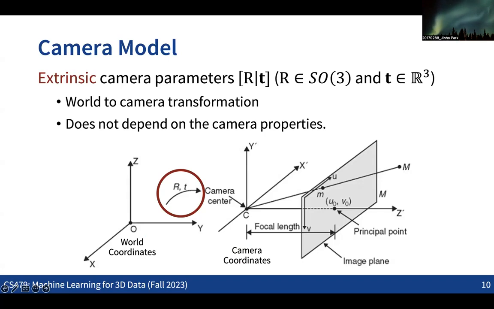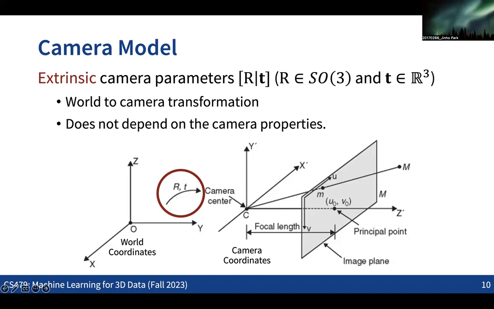We have the world frame and the camera frame, the eye frame in graphics. As we defined the model view matrix, the matrix that transforms from the world coordinates to the camera frames, we can define a transformation matrix composed of a 3D rotation and a translation, which transforms the world coordinates into the camera coordinates.